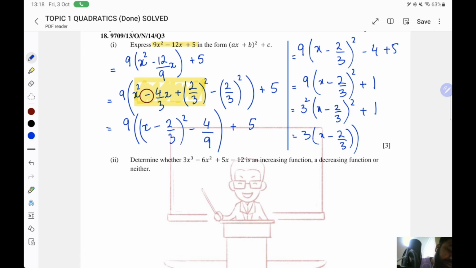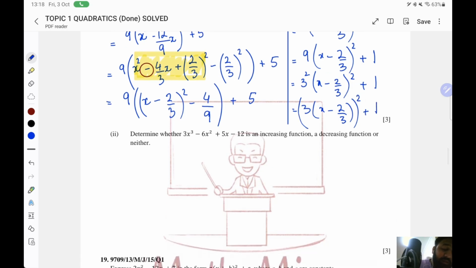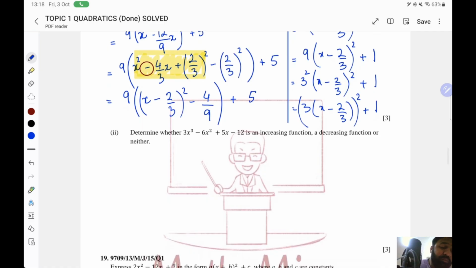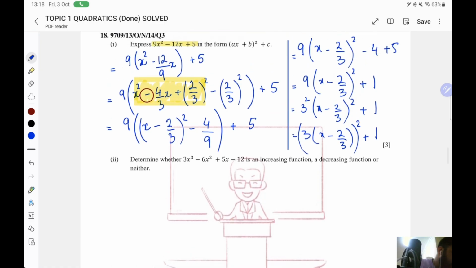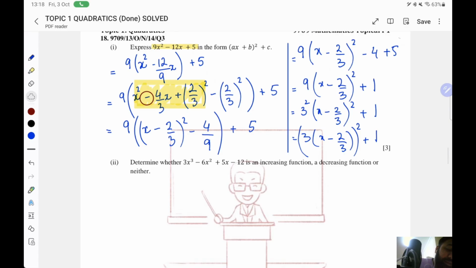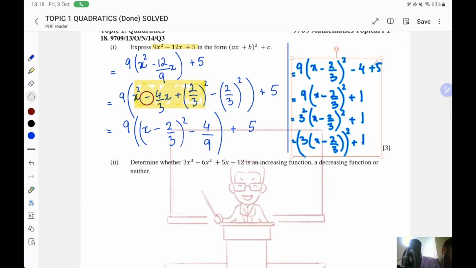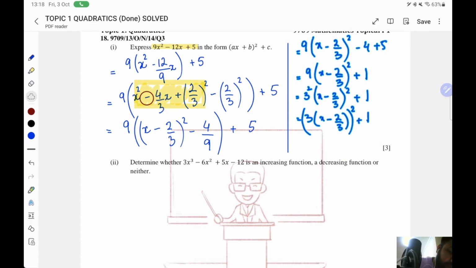Since the powers were the same, you'll take the power common for both of them, and when you simplify the bracket, the final answer will be 3x minus 2 whole square plus 1.